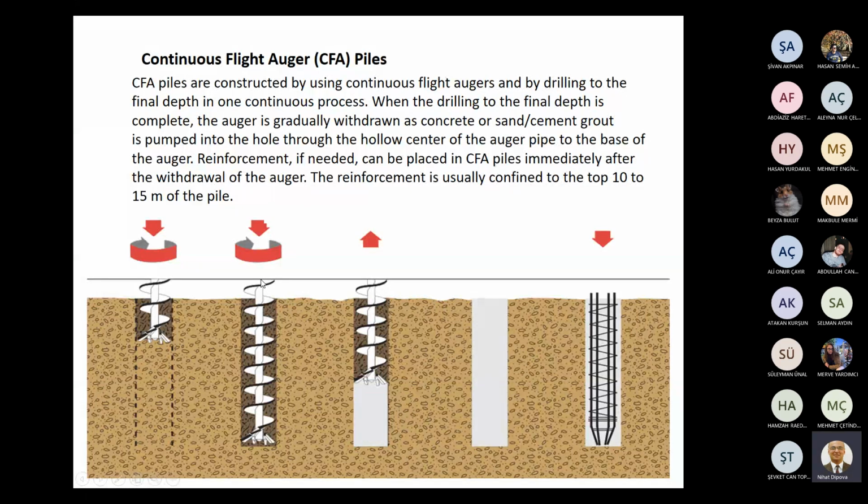For example, the complete section of a continuous flight auger is shown in the second stage. By drilling to the final depth in one continuous process, we are drilling all of the borehole in one step, and then placing the concrete, again in one step.